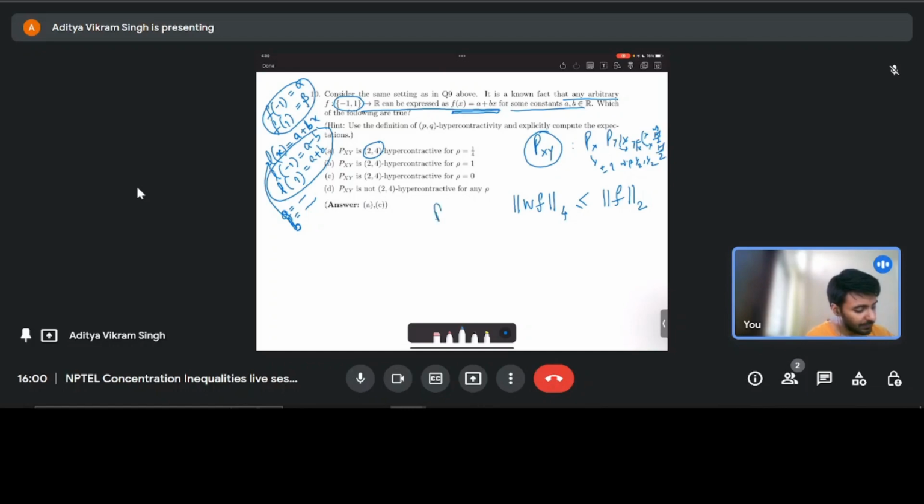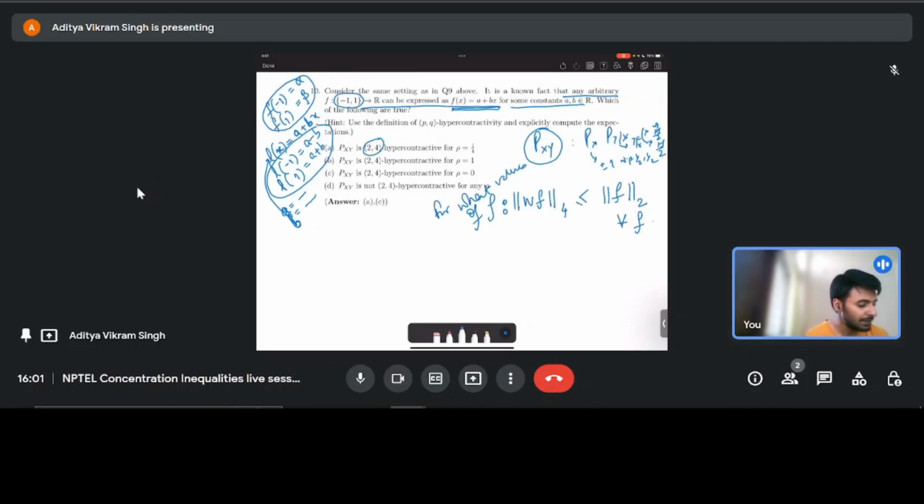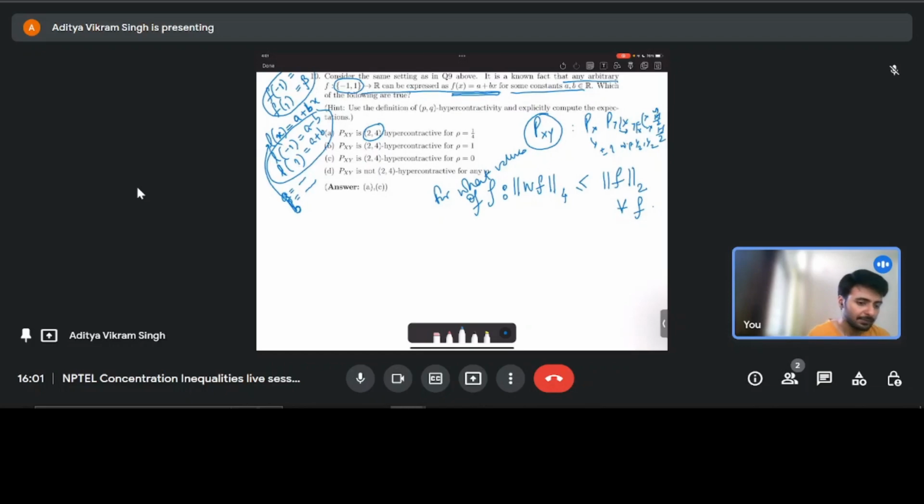Our question is, for what values of rho does this happen for all f? This fact says that you only need to worry about linear f's. You're interested in all functions from minus 1, 1 to R, and all of these can be expressed as f equals a plus bx for some a, b in R.